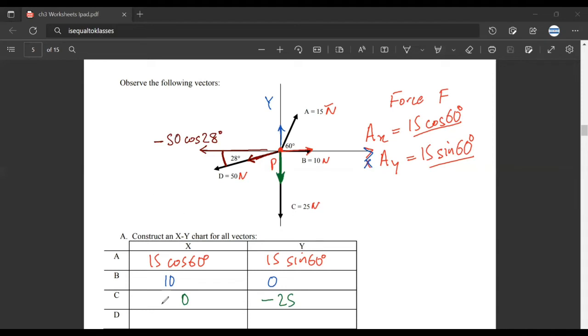That is why I am saying that the component would be minus 50 cos 28 degrees. Chris, is it making sense? Yes, sir. Similarly, the y component of D would also be in the negative direction, and it will be 50 sin 28. Chris, are we clear? Yes, sir.